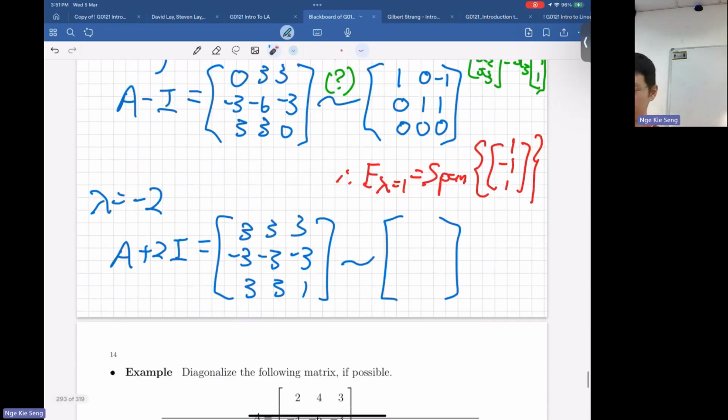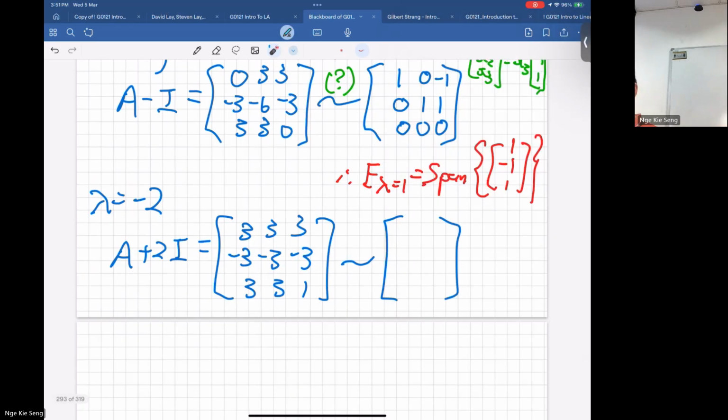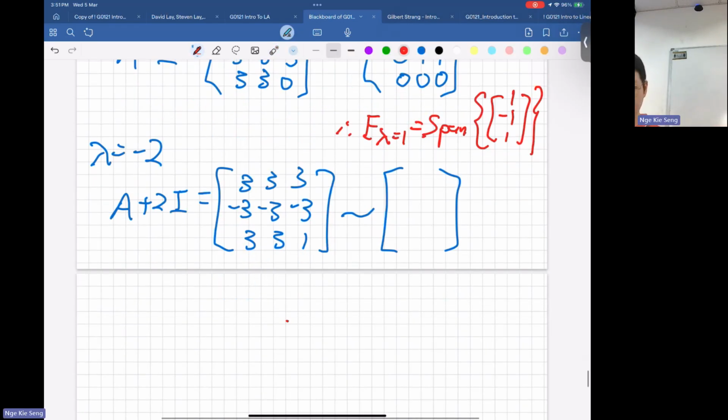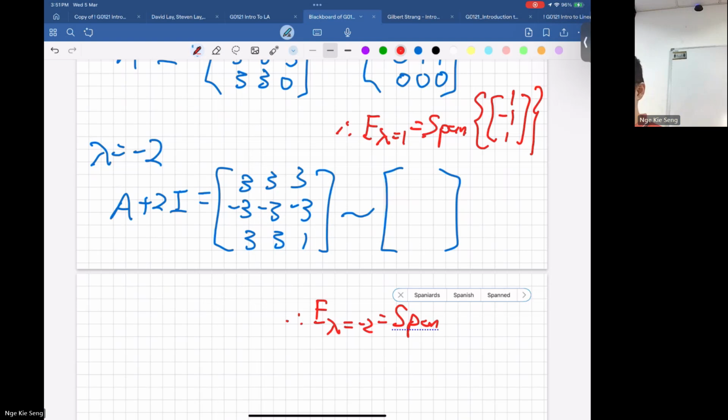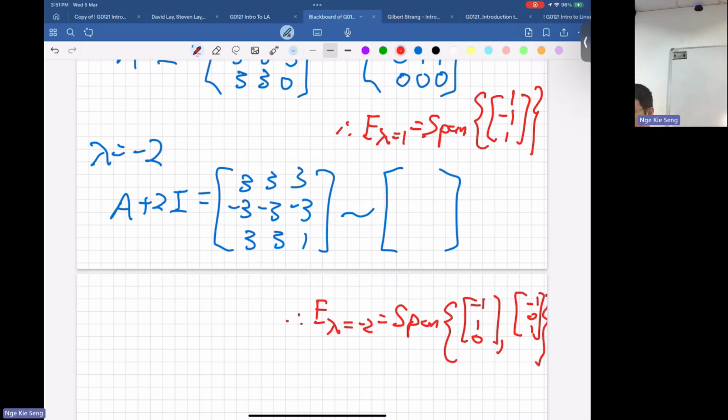Okay. For the second one, we play the same game. The space is a span of two things: -1, 1, 0, and then -1, 0. Okay, so I play the same game here.